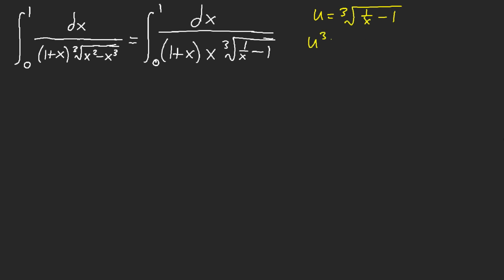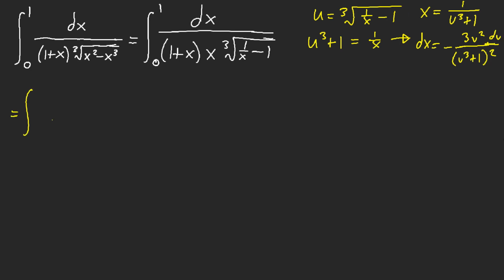We get u cubed plus 1 equal to 1 over x. Then, we can't really differentiate both sides like that because we don't have x squared. So unfortunately, we need x, u cubed plus 1, dx is equal to negative (u cubed plus 1) squared, 3u squared du. Plug in 0, that gives us infinity.